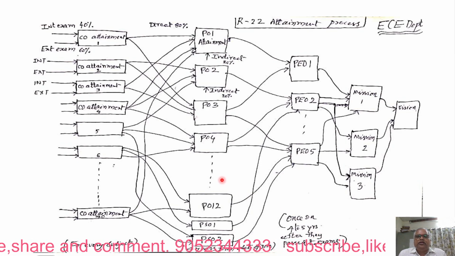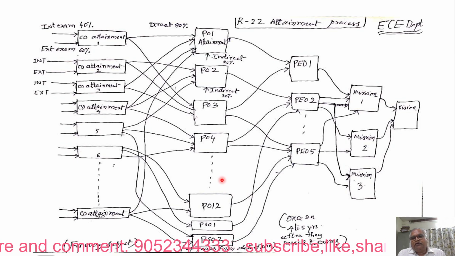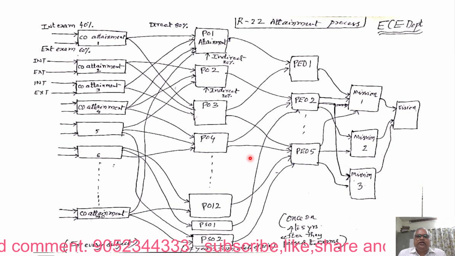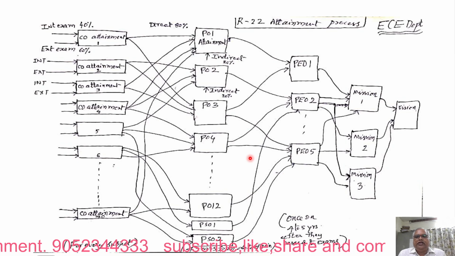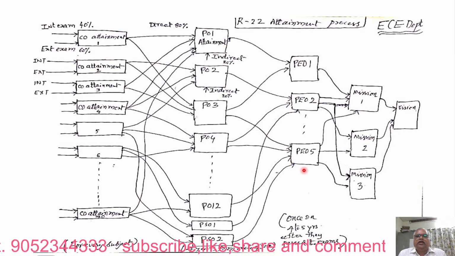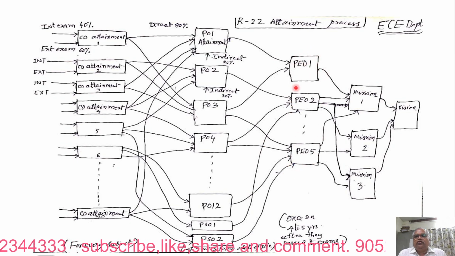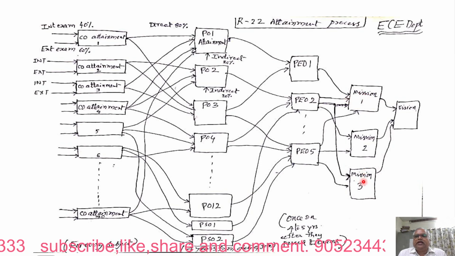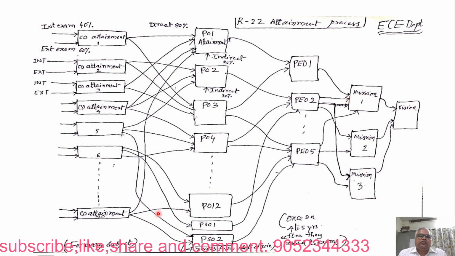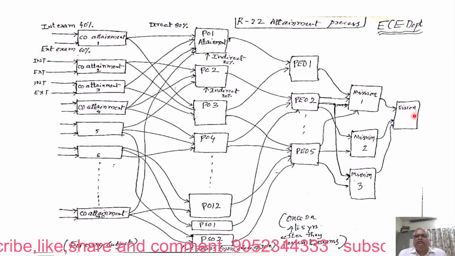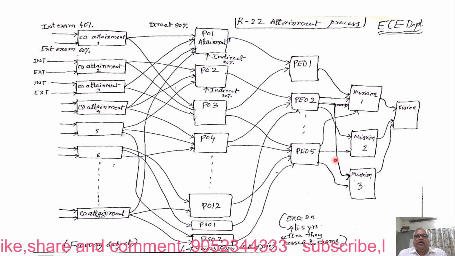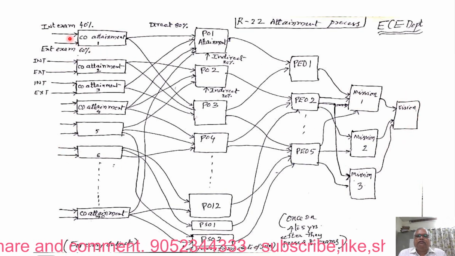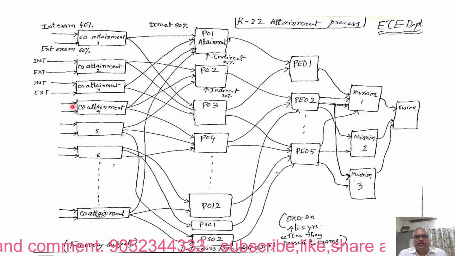Once BTech 4th year is over, then after 4 years, that means from the date of admission it will come around 8 to 9 years. Then you have to calculate these PEOs, then vision attainment. So approximately to calculate vision attainment, it takes 10 years from the date the student was admitted in the first year.